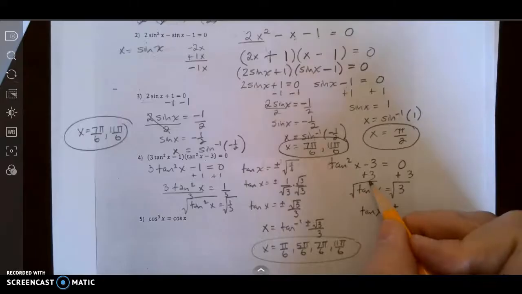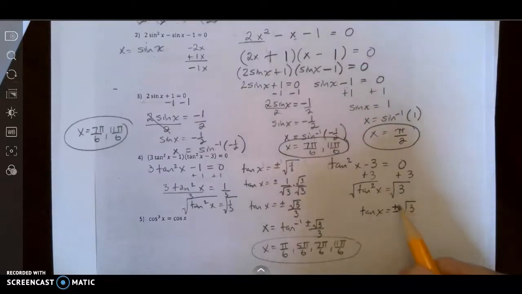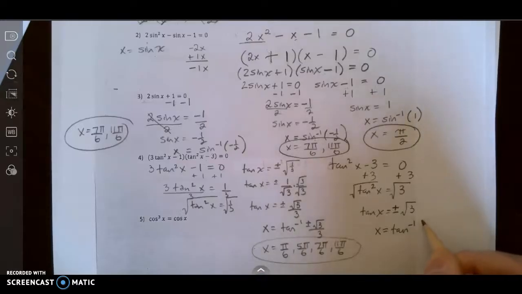I put that square root in there, therefore I have to remember the plus or minus. And I recognize this as being on the unit circle. I take the inverse of each side, and so I get x equals the inverse tangent of plus or minus the square root of 3.